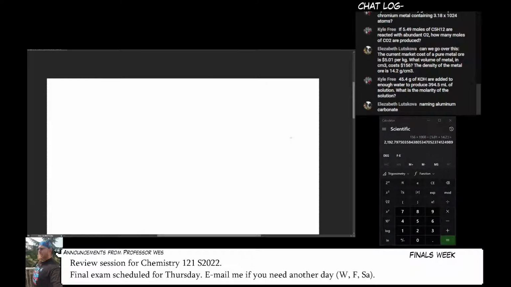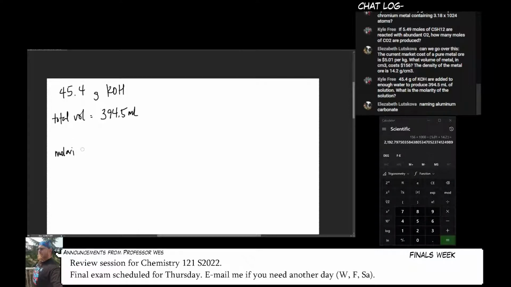All right. 45.4 grams of KOH are added to enough water to produce 394.5 milliliters. What is the molarity of the solution? So molarity... Oh my goodness.